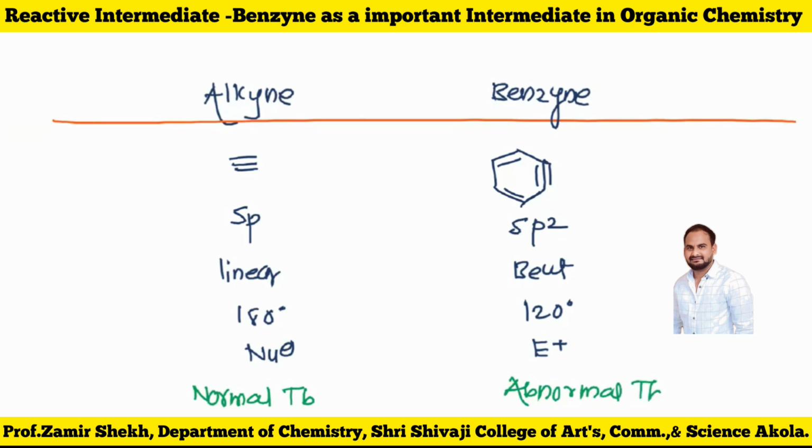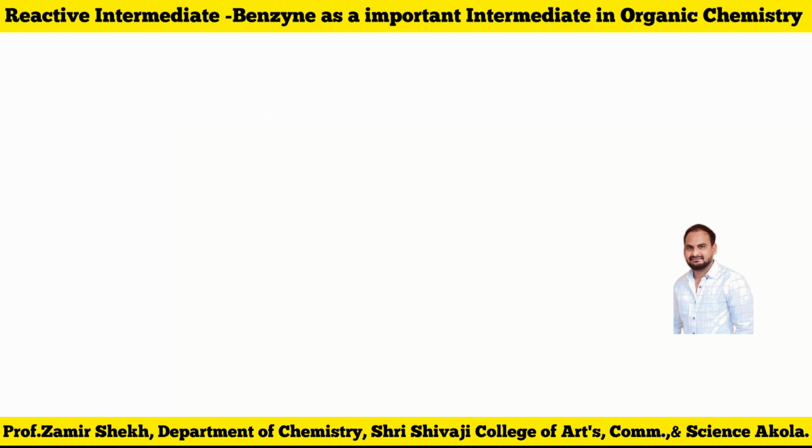Why is this so? Because, for example, this is my hydrogen; if I remove that hydrogen, it becomes nucleophilic. So alkyne and benzyne are simply called a normal triple bond and an abnormal triple bond. This is the basic difference between alkyne and benzyne. So benzynes are formed by the removal of two ortho substituents. Now you know that the first benzyne as an intermediate was suggested by Wittig in 1942. So we'll discuss the history behind benzyne.